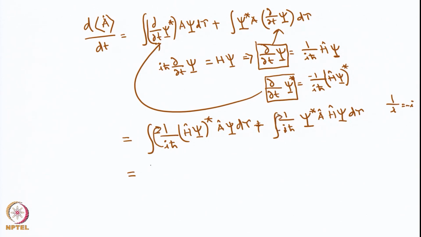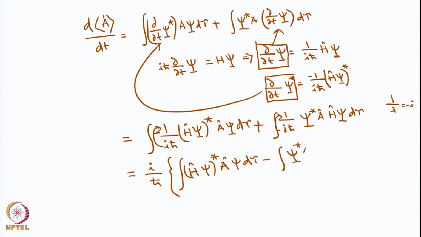So this will become i by h bar, I can take an integral of H psi star A psi d tau, plus minus integral of psi star A H psi d tau.